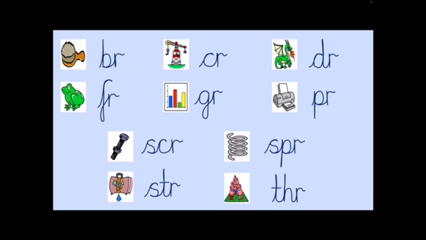Now, if you're thinking, but I don't say the letter R quite like that, that's absolutely fine. Ask somebody you stay with to say those sounds to you. We're going to have a go at writing some of these words.